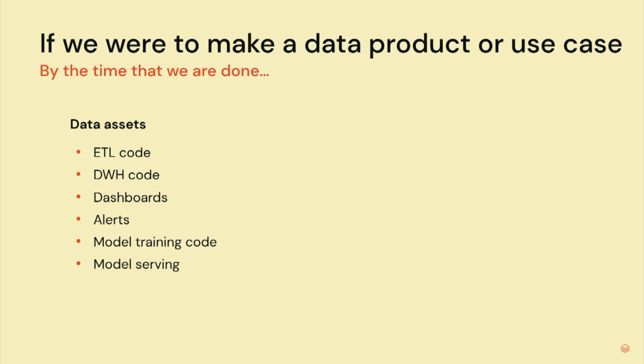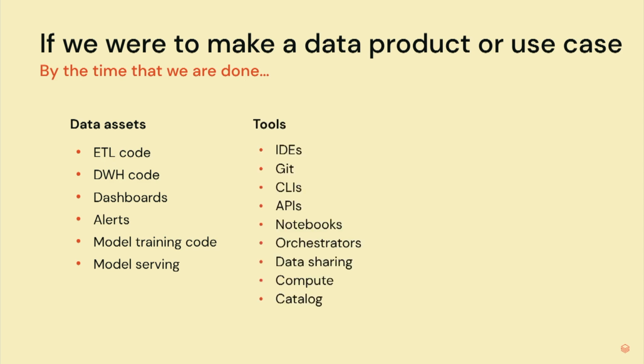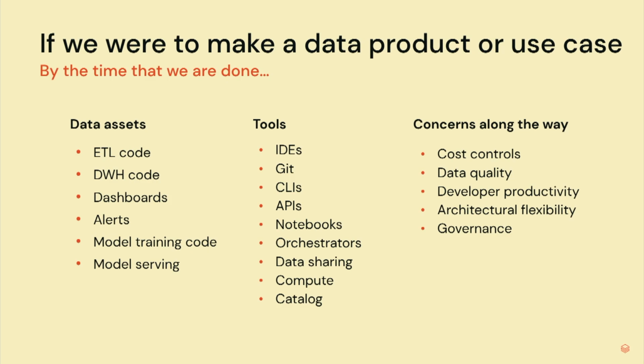So you're going to create a bunch of assets. You're going to leverage a lot of tools. Fabian just mentioned a lot of acronyms, but IDEs, Git, CLI, APIs, notebooks. You might even have an orchestrator. I hope you do. And then data sharing, compute, and you need this catalog to govern it all. That's super helpful.